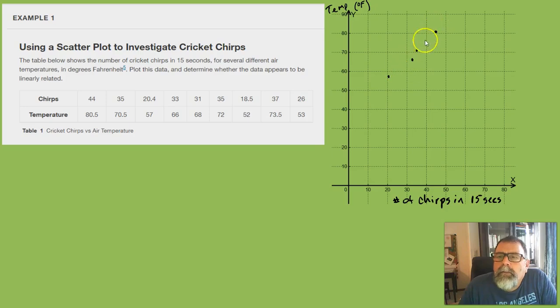And look, those 4 dots look like they're pretty close to a line. Not exactly, but we're asking, does it appear linear?